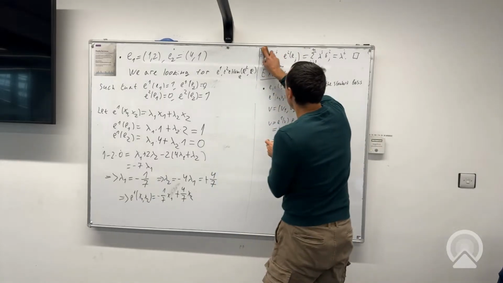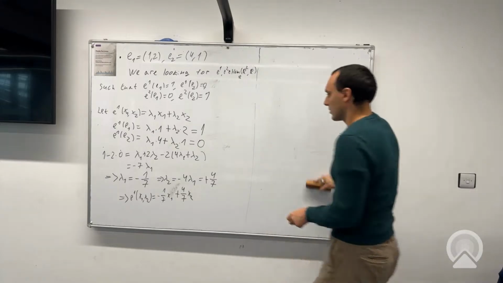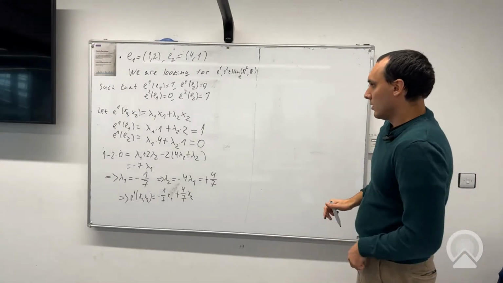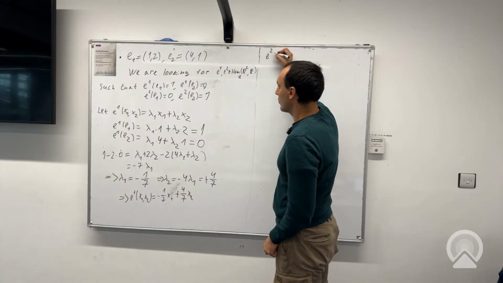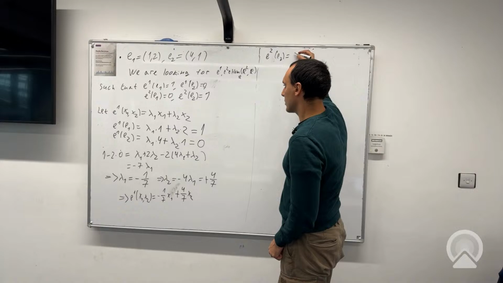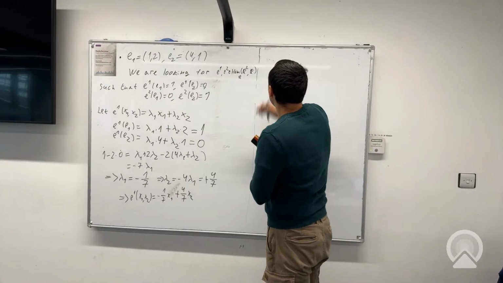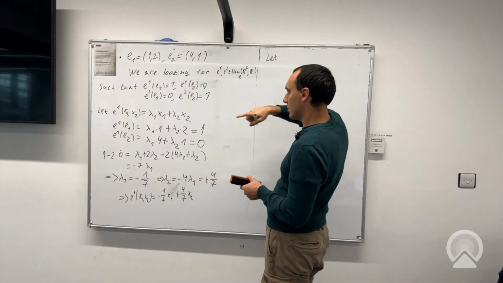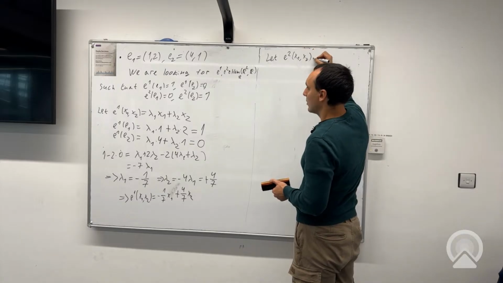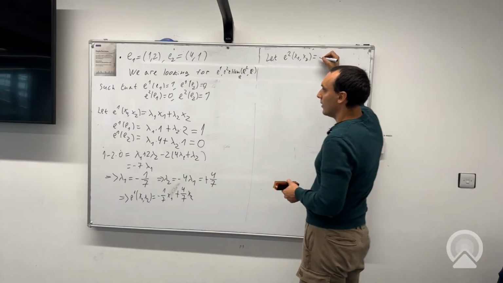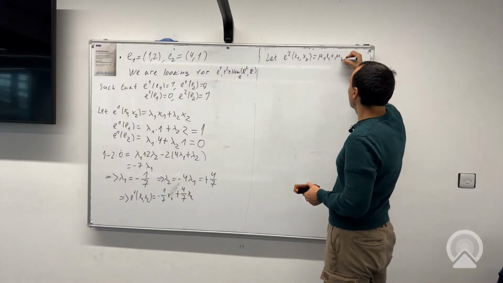And we have a similar linear system in the other case. So let e^2(x1, x2) equal mu1 x1 plus mu2 x2.